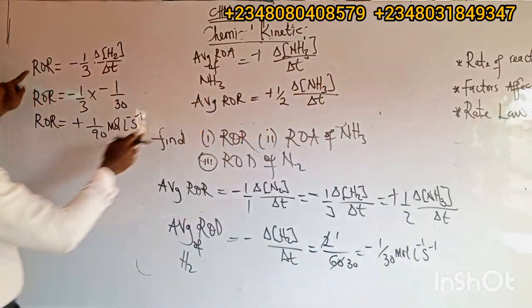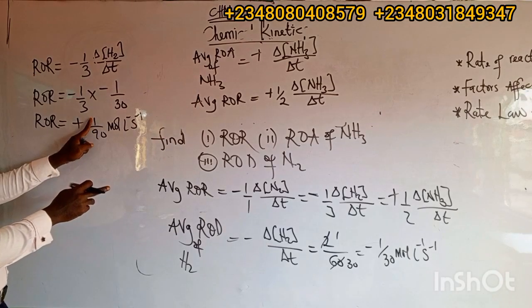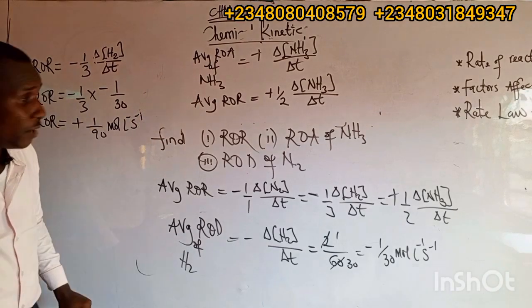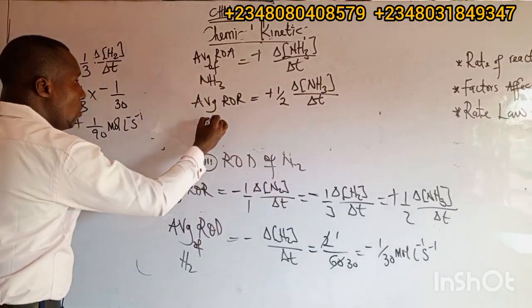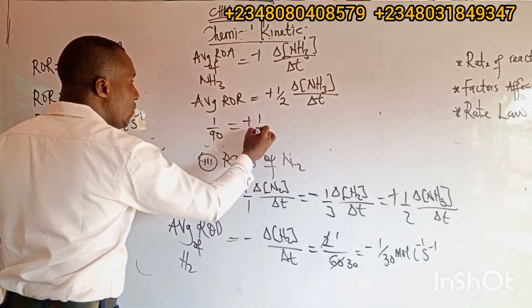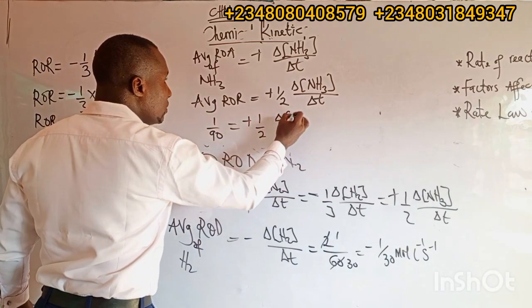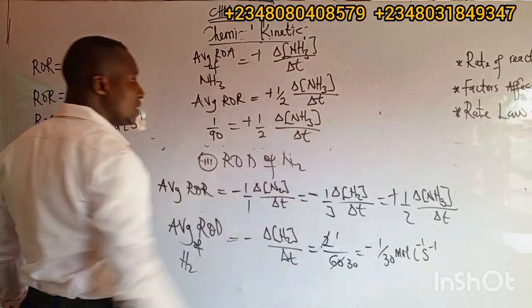And don't forget, the average rate of reaction is 1/90. That means I will now write: average rate of reaction, 1/90, equals plus 1/2 change in concentration of ammonia over change in time.